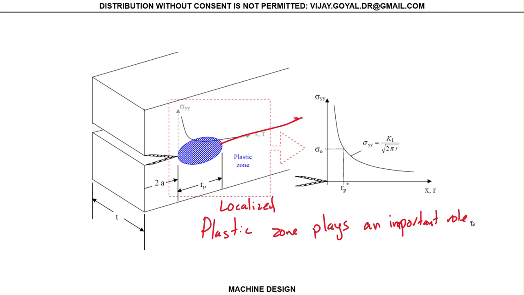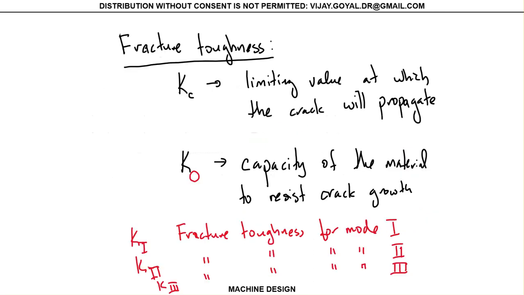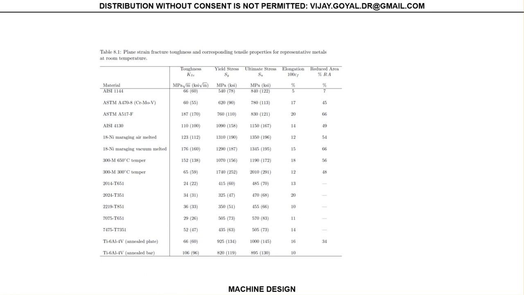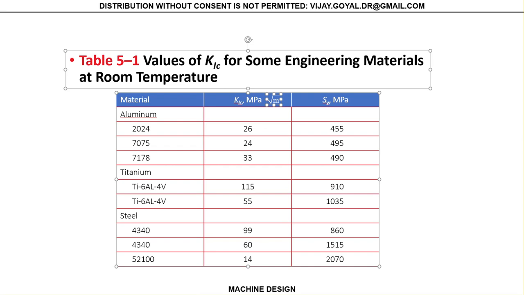Okay, so what I told you is this is the capacity of my material. This is how much my limiting value is. So this limiting value has to come from testing. There's a table in your textbook, table 5.1, and this is mode 1 fracture toughness.